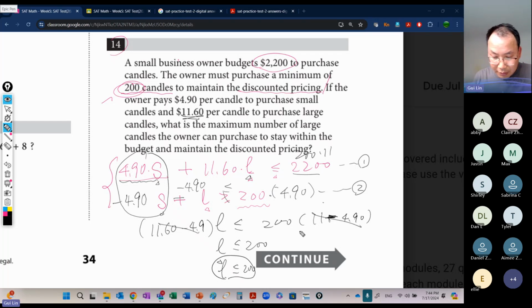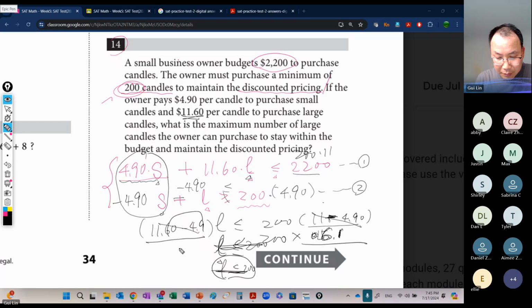I'm sorry, I did something wrong here. You can see here it is 11.6 minus 4.9, which is 6.7. So the value is less than 200 times... here is what, 5.1? Did you guys get it? 6.1, right? Here is what? 5.7.